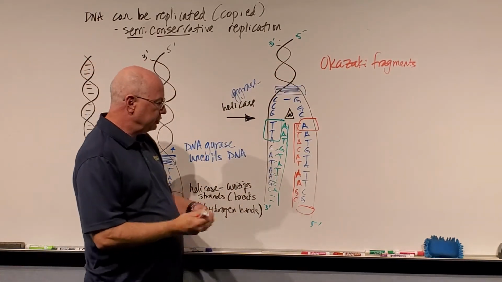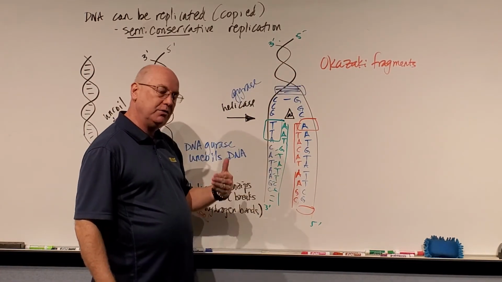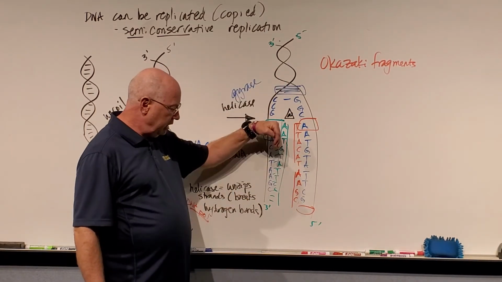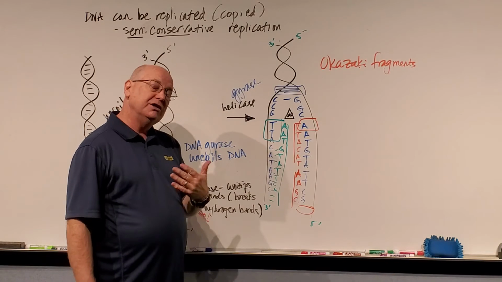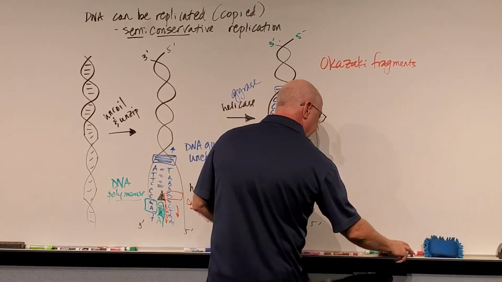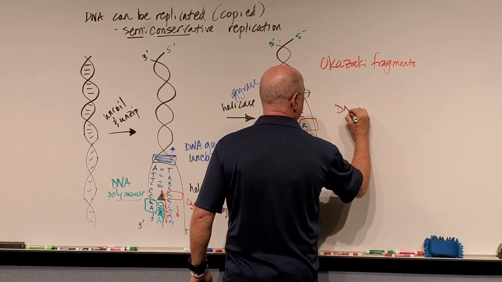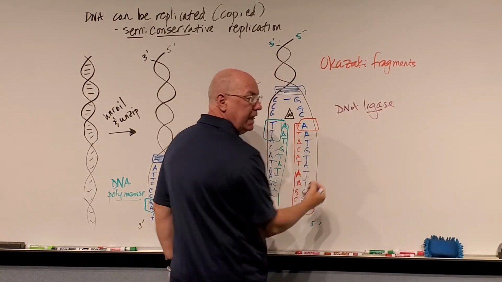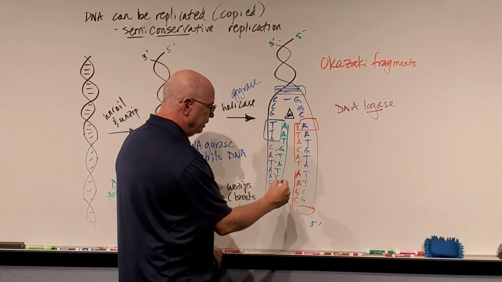Okazaki fragments are the short fragments of DNA that are being replicated on the 3' to 5' strand, or in the opposite direction. There's another enzyme, and that enzyme happens to be called DNA ligase. And DNA ligase can ligate, or stick together, these strands.